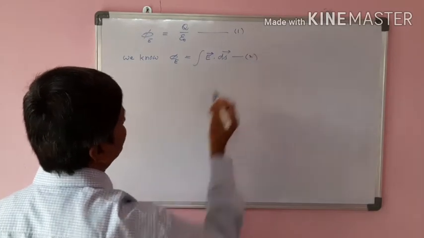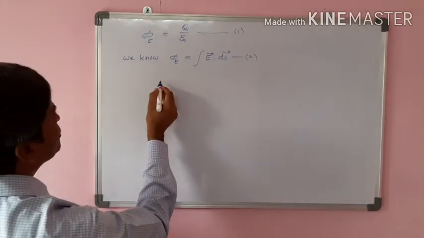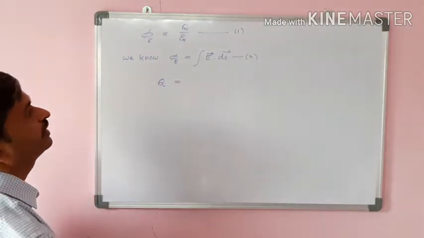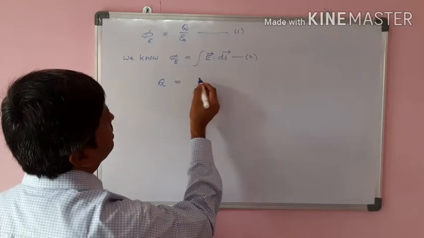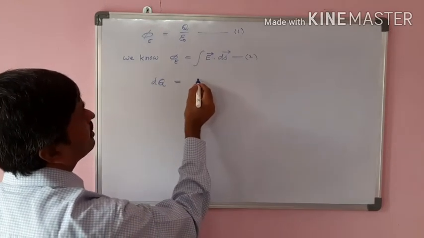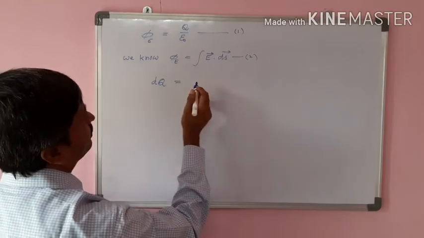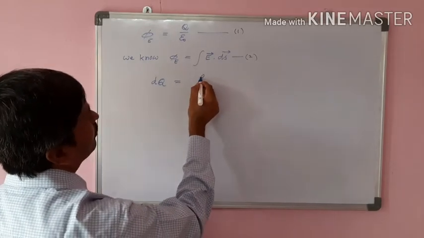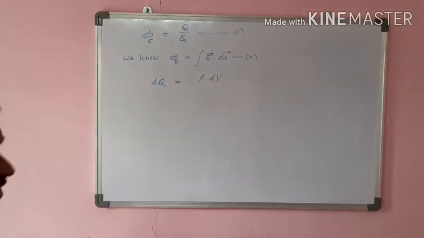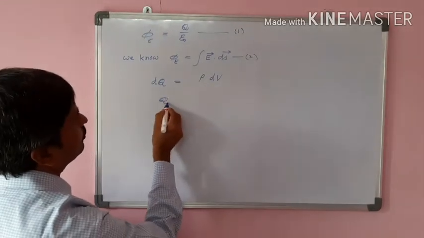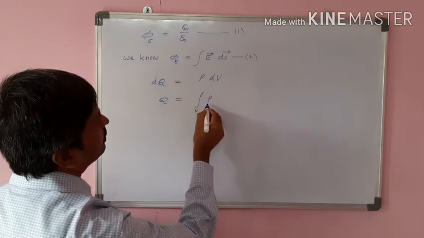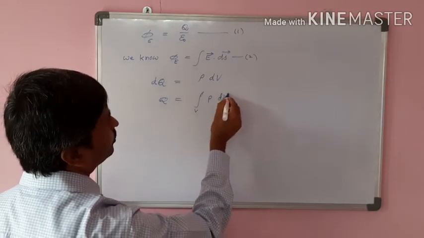And second, charge Q can be written as, let us say small charge dq is equal to rho into dv, charge density into volume. Now total charge q is equal to volume integral over the charge density into dv.